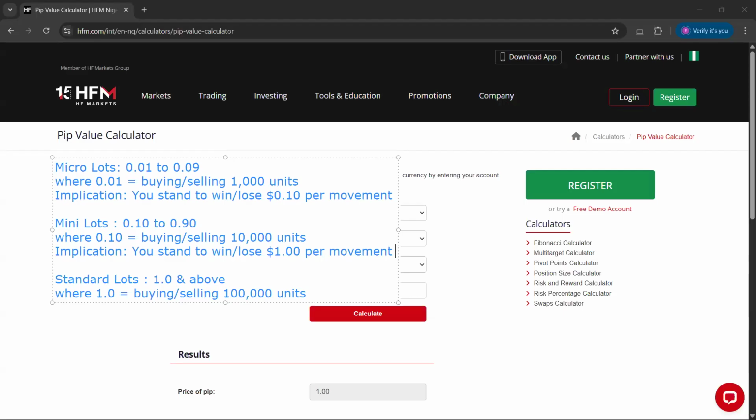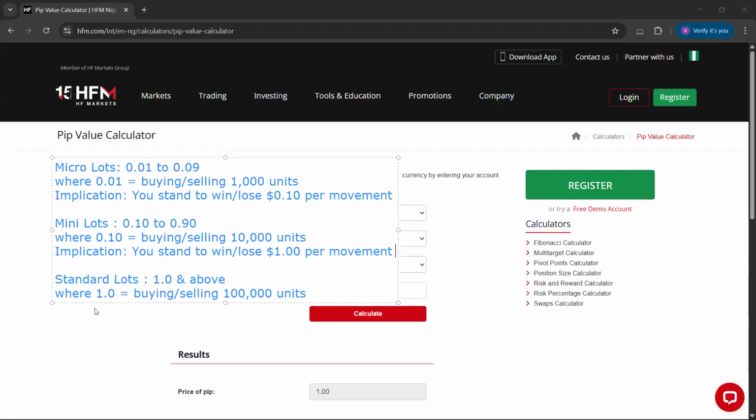Now, you can see the change between what you're being offered in the market right now, for example. The micro lot 0.01 is offering you 10 cents.